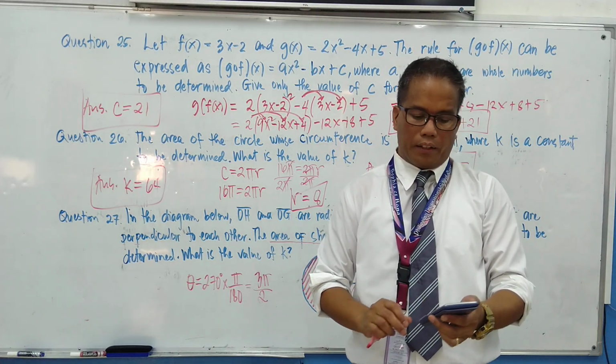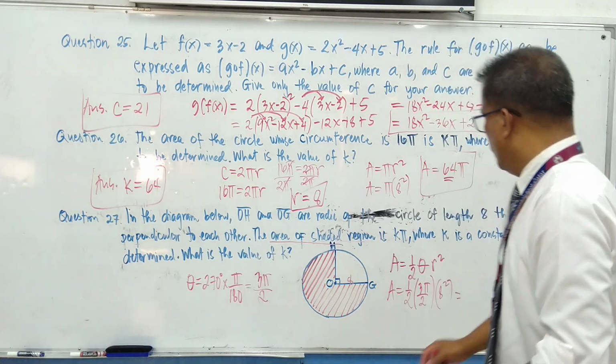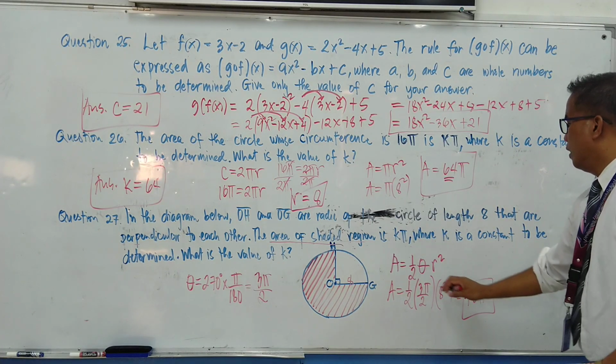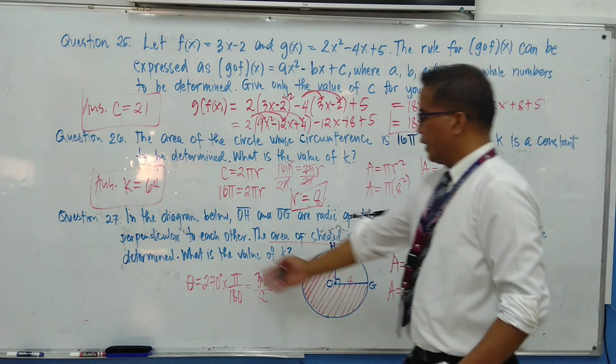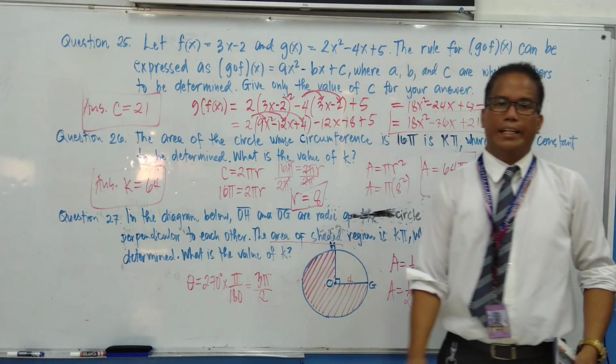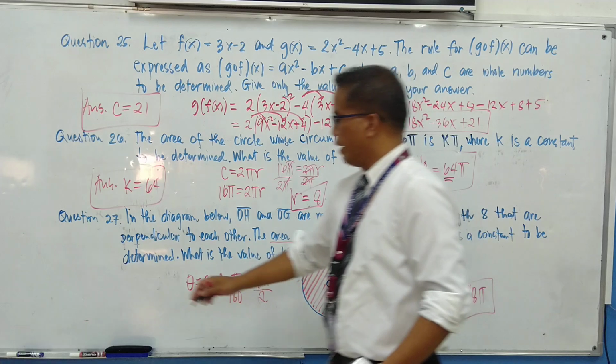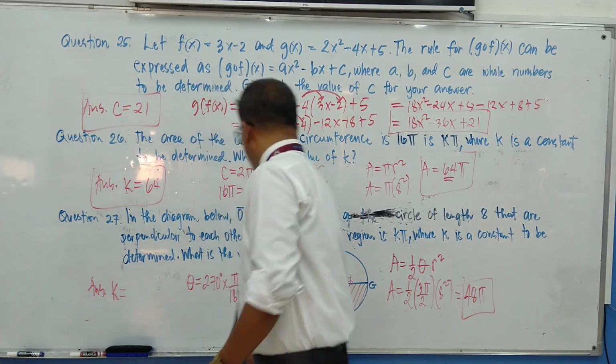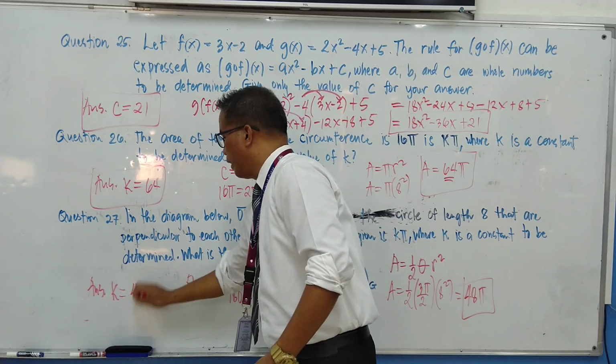So the answer now is 48 pi. So the question, what is the value of k? The answer here in number 27 is k equals 48.